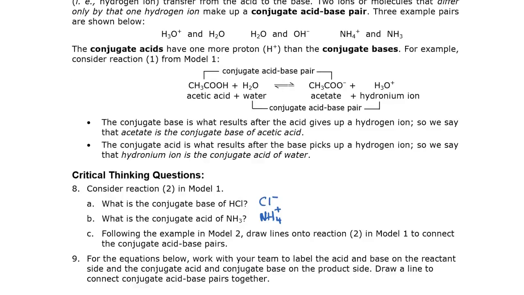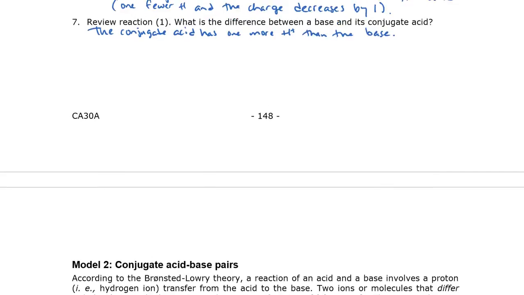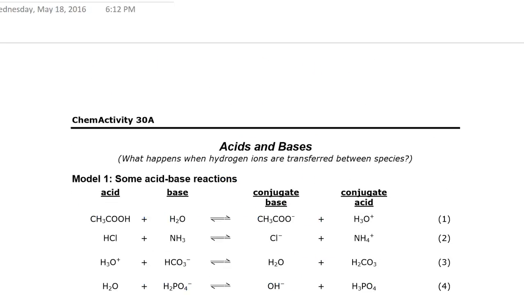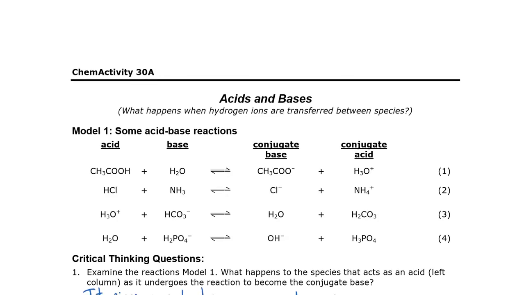Part C. Following the example in Model 2, draw lines onto reaction 2 in Model 1 to connect the conjugate acid-base pairs. So I'll page up to there. For reaction 2, pause the video and draw the lines. Pause now.